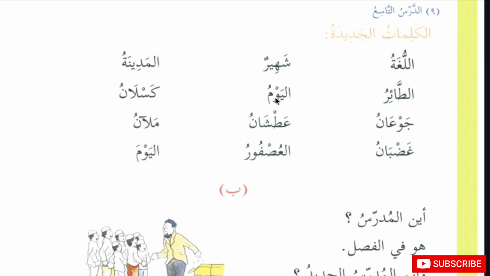This, as a default, means it's with a noun. Basically this is just the day. اليوم means today if you say it by itself.